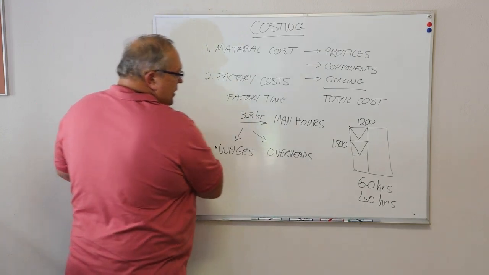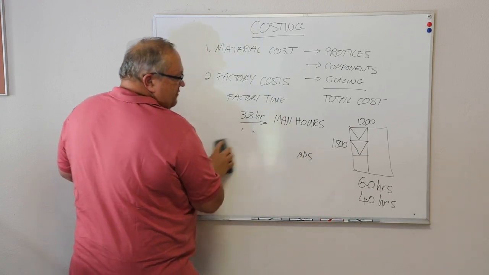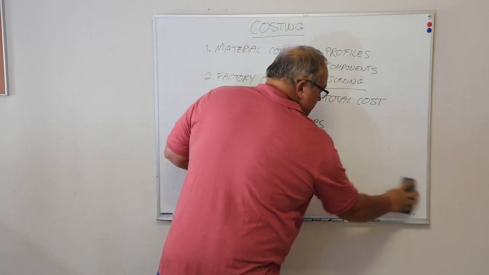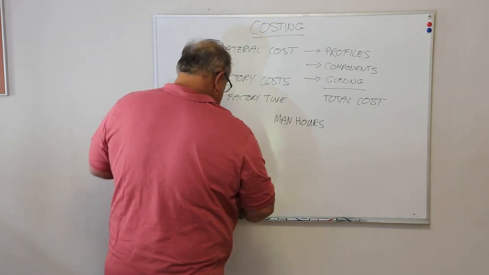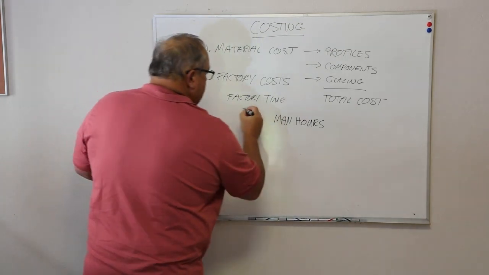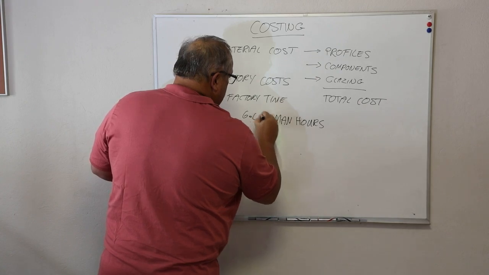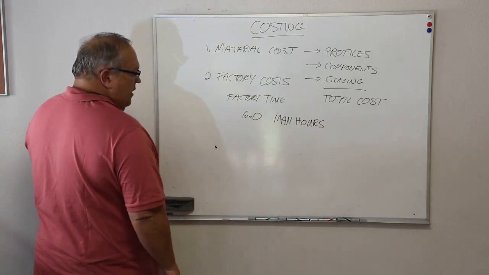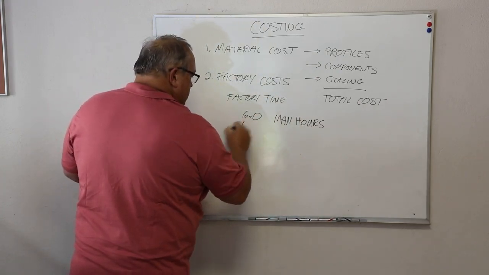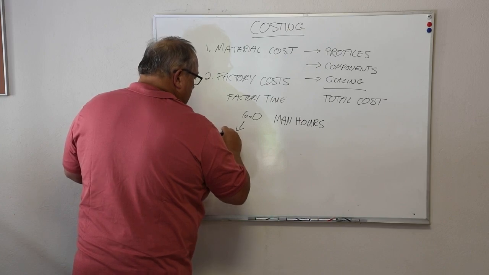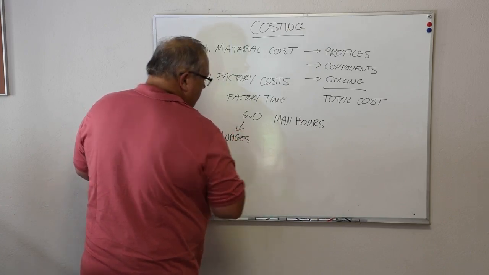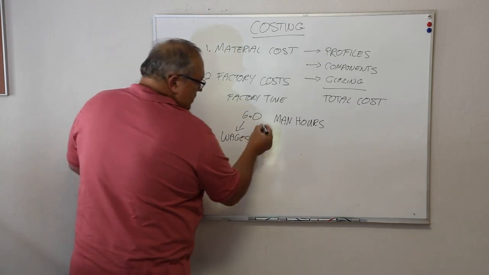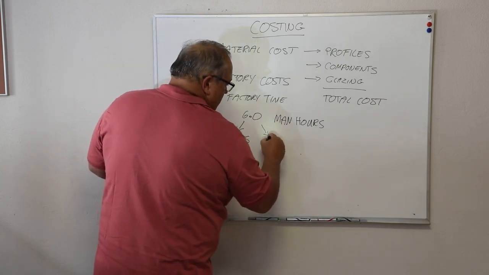Once I'm happy, let's say I've now fine-tuned this, okay, and on this job, on that particular window, the program has allocated my 6 man-hours. I need to work out what my wages are for those 6 hours, and I need to work out what my overheads are.